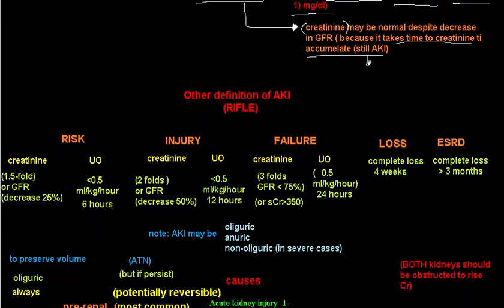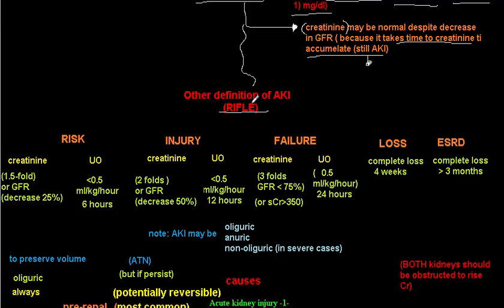Now let's move to the more accurate definition, which is the RIFLE criteria, or the RIFLE definition of acute kidney injury. Actually, we have a lot of definitions, but one of the most important and commonly used is the RIFLE criteria. RIFLE criteria is more about a classification or staging of acute kidney injury.